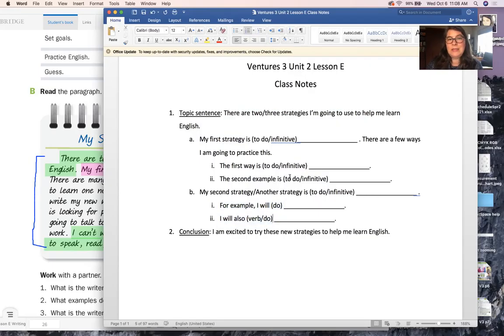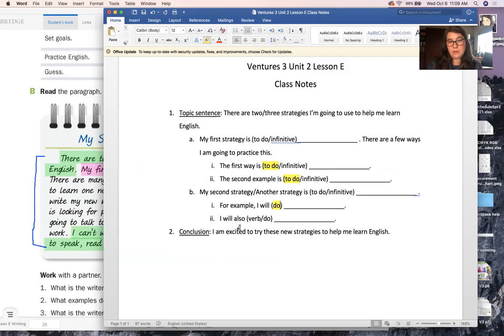But please notice the difference in grammar here. The first way is to do. The second example is to do. But here, after will, we just say, I will do. I will go to work today. Okay, so if you choose this, don't use infinitive.